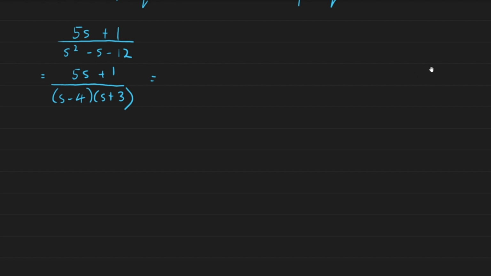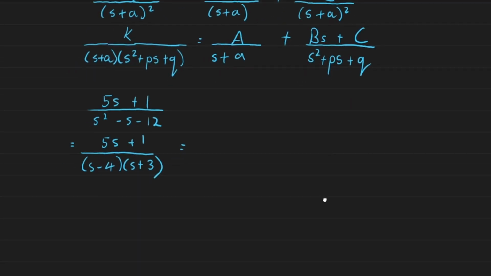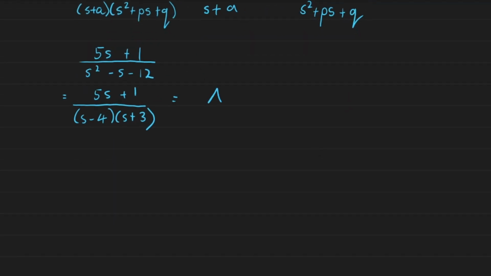So we can now see that it is in the form as we had shown. So we separate it out. We have two coefficients, A over (s − 4) plus B over (s + 3). Now we're going to multiply both sides of this equation by the denominator of the term on the left-hand side, (s − 4)(s + 3).